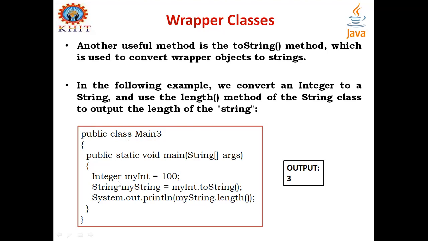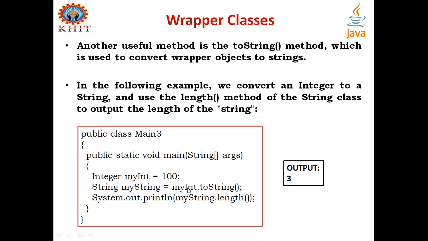Inside this main method, I have taken one Integer wrapper class object and initialized it with the integer value 100. Then I have taken another String object, myString, and initialized it by calling the toString function on this wrapper object.